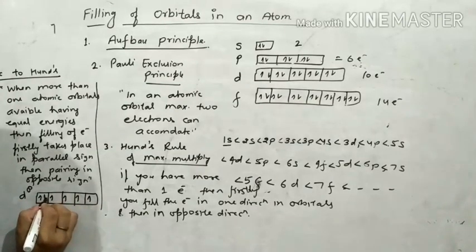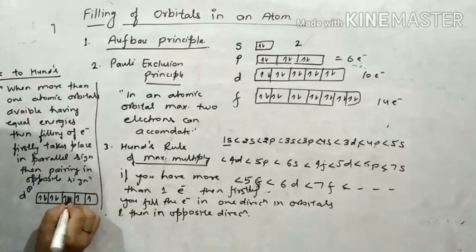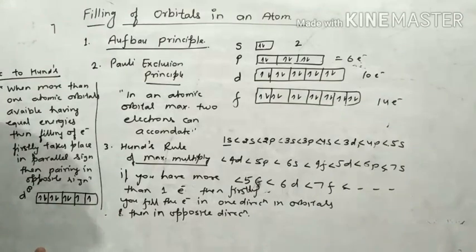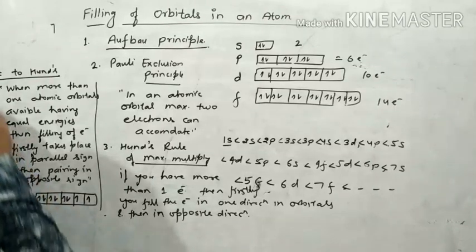Then 6 in the opposite direction, 7, where pairing of electrons takes place, and then 8. So this is Hund's rule of maximum multiplicity. Now write the electronic configuration of some elements according to the Aufbau, Pauli and Hund's rule of maximum multiplicity.